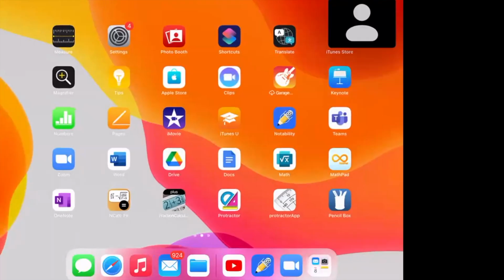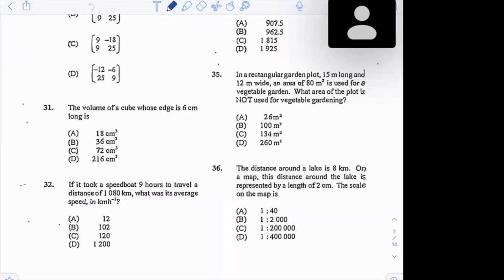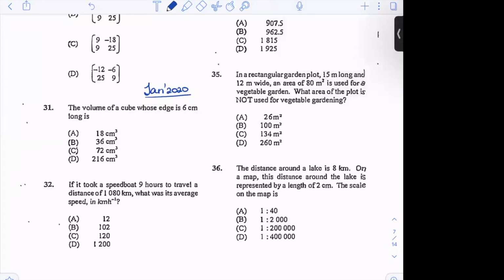All right, find for me in your booklet, January 2020. What page is it? The paper 1, Jan 2020. Page 57, miss. Did we do that one yesterday? Yes, miss. We completed that one?